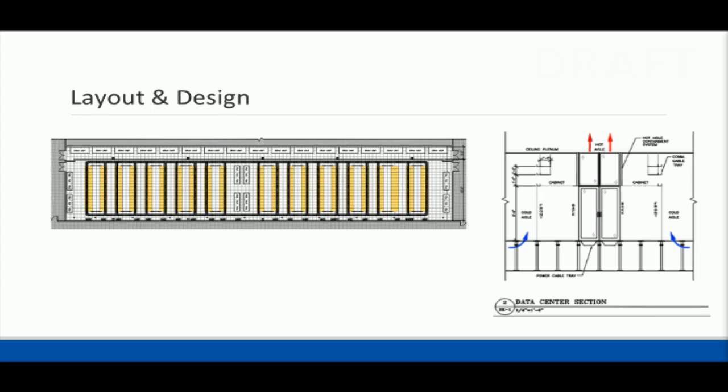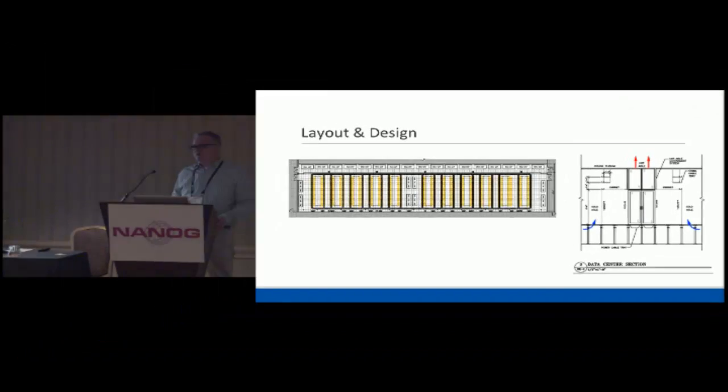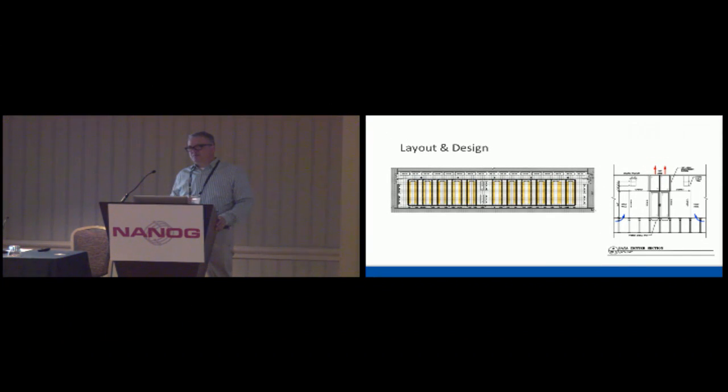Here is an example of a layout, both the plan layout and the cross-section layout. In this case, that became very important because this was an area where we had to have it permitted. So we actually ended up having to move fire sprinklers and lights to align with the aisles, and even had to drop some fire sprinklers down beneath the trays, because this particular jurisdiction was very concerned about the potential for any fires in the trays and the conveyance, even though we were using plenum rated cable.